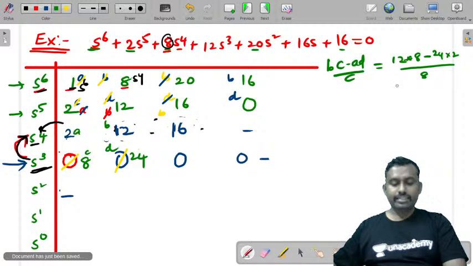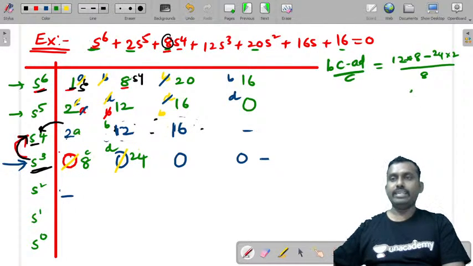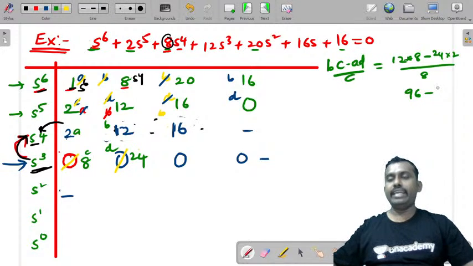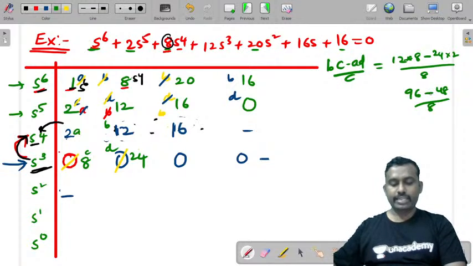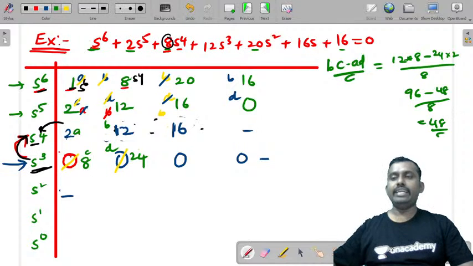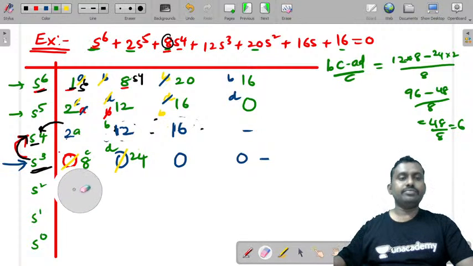So let's calculate this. I'll just take a calculator and try to find this. So 12 into 8 will give me 96, minus 24 times 2 is 48, by 8. So 96 minus 48 is 48. So 48 divided by 8 will give me 6. This value is 6 now.